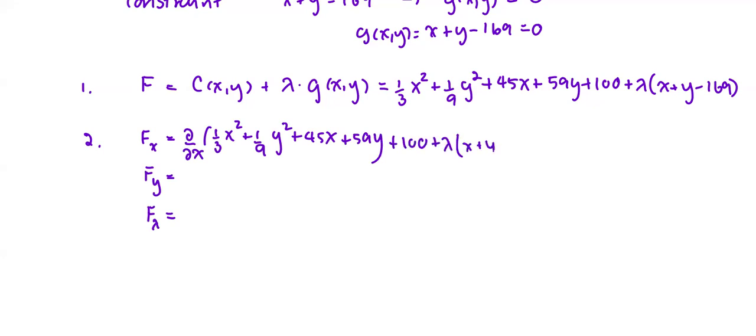Let me copy the whole expression and then we work on the partial derivative with respect to x. I'm going to highlight the terms involving x, so we target those when we find the partial derivative. That means the partial derivative with respect to x is going to be 2/3 x plus 45 plus lambda.